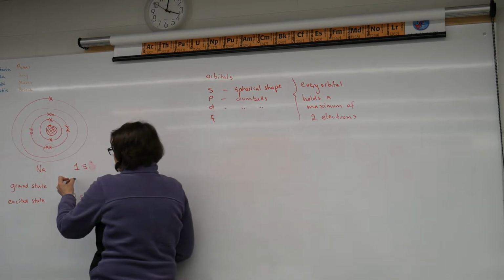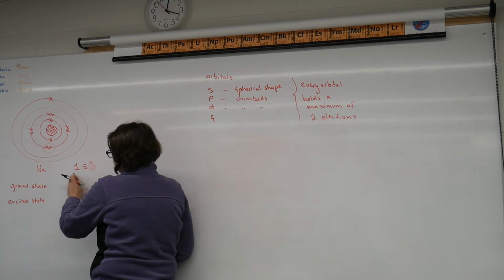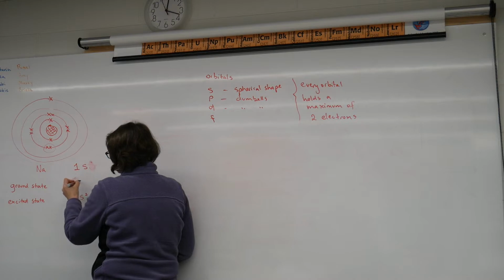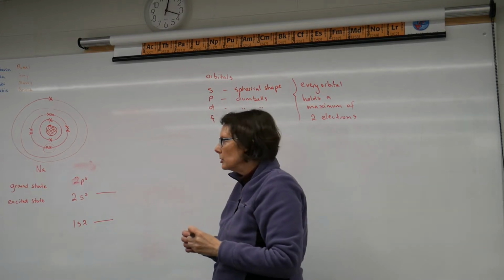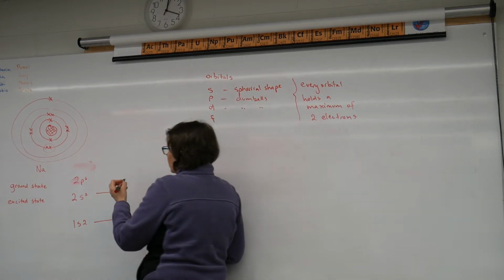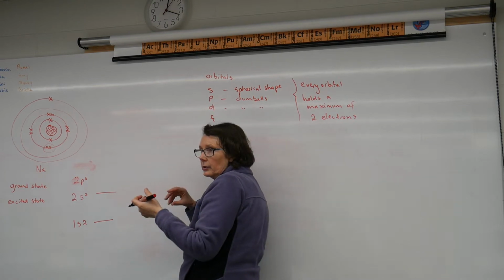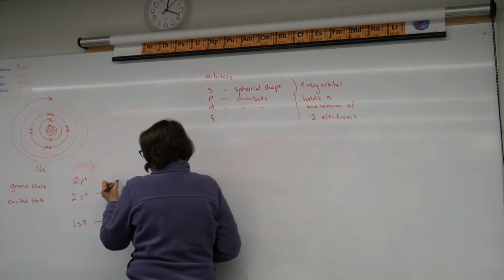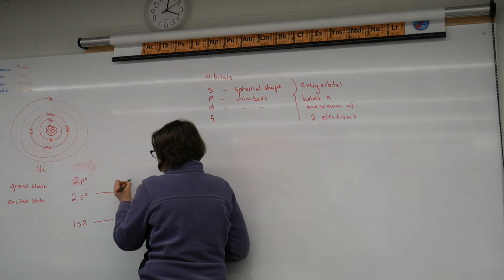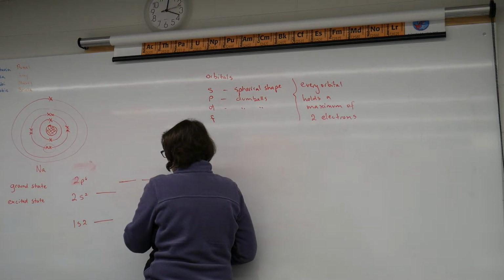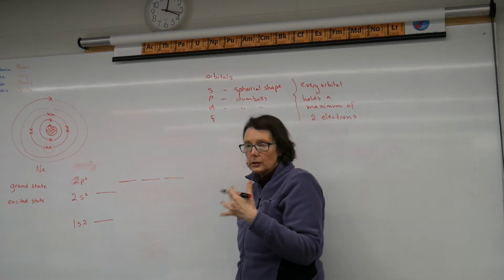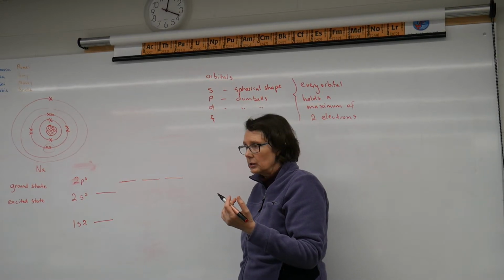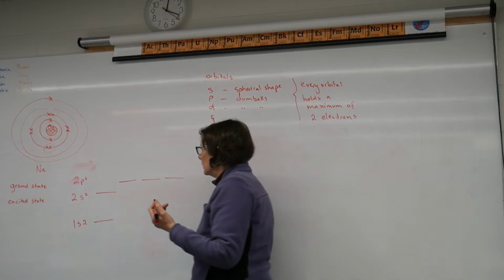Then after that we have the p orbitals, and there are 3 of them, the 3 dumbbells along the x, y, and z axes. They're at a slightly higher energy level, and there's 3, they can hold 2 each, so that's a maximum of 6 electrons.